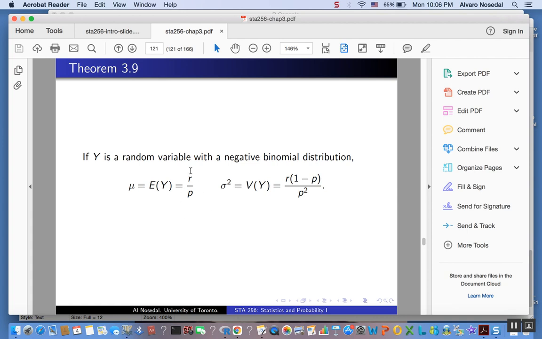And again, it's a particular case of this expression when r equals 1. So this formula makes sense, right? In the case of a negative binomial, we have r divided by p. And we also have an expression to quickly find the variance of a negative binomial distribution.